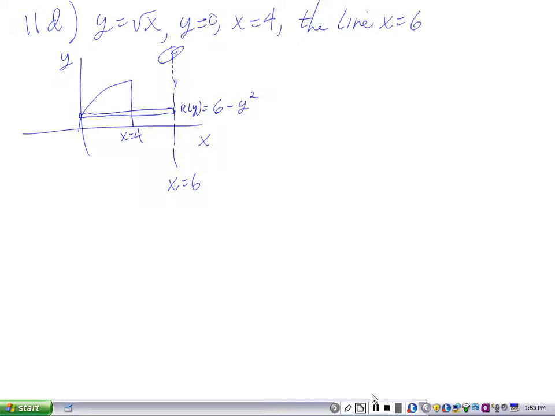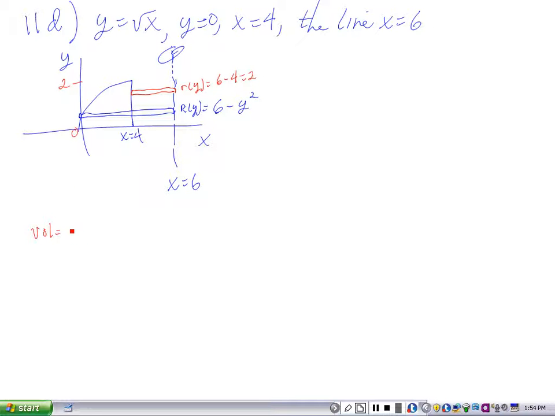It's the washer method. I don't need this part, so this is little r of y. It's just 6 minus 4, so that's just 2. Right? 6 minus 4 is 2. Again, we're still going from 0 to 2 with y.